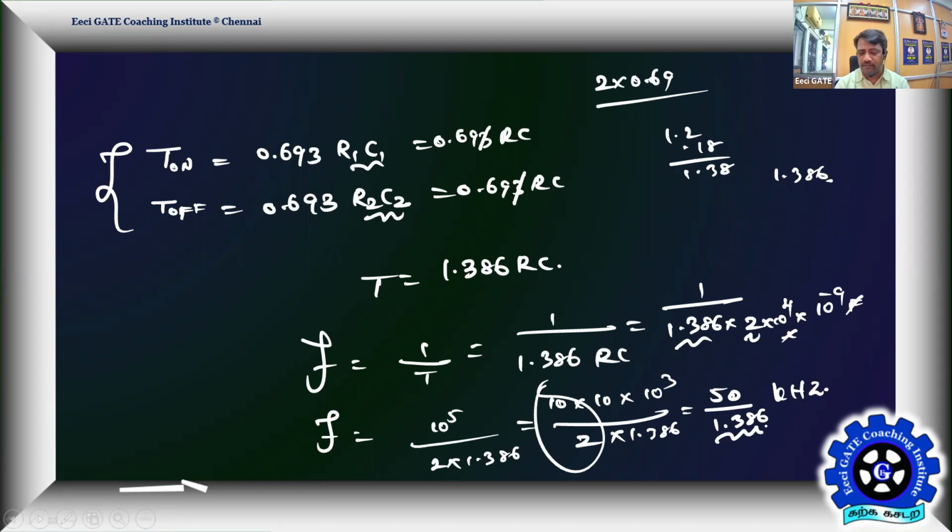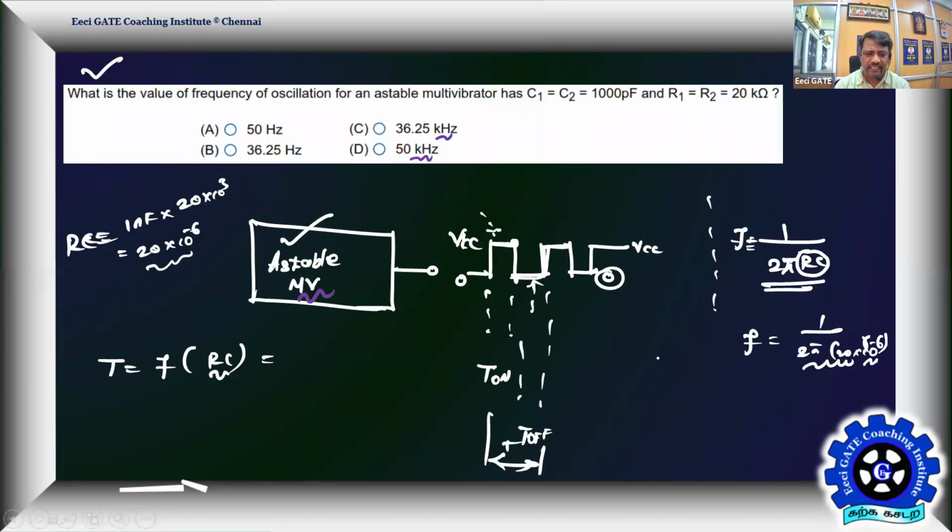That means it should be less than 50 and greater than 25, because if it is 2, it is 25, and if it is 1, it is 50. So the number should be between 50 and 25.